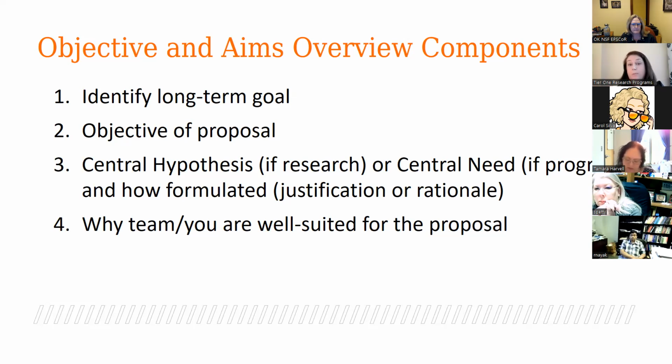If it's a more programmatic proposal, then you can do the central need for the program. You can also include how it was formulated. Some people will call this the justification or the rationale. And then finally, talk about why your team or the PI are well suited to implement this.